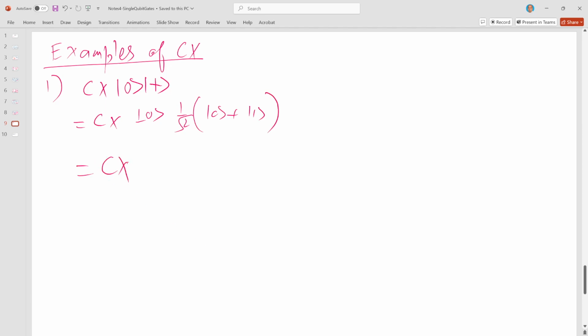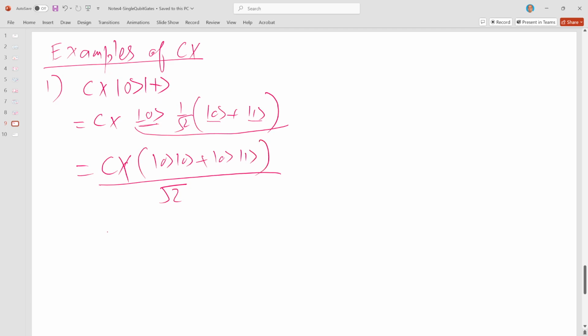And before applying control X, let's just work out this thing. So this 0 tensor 0 becomes 00, and this 0 tensor 1 becomes 01. So 1 over square root 2.